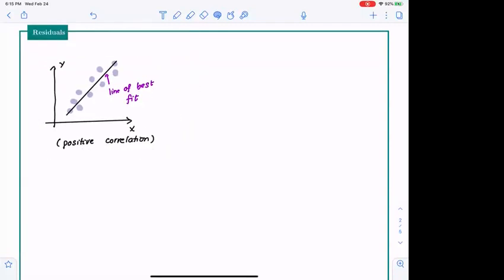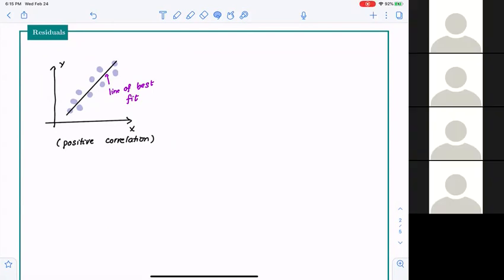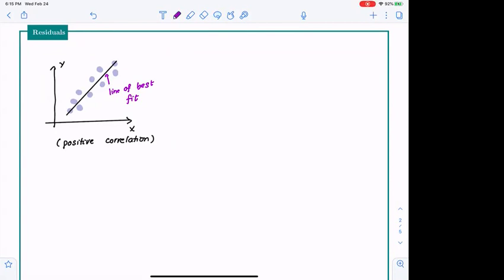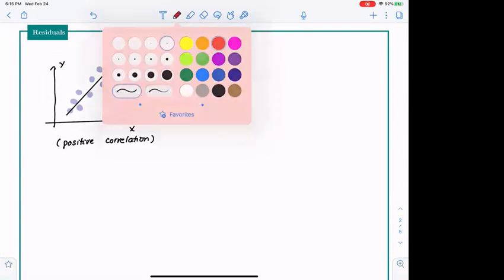So now we have to come up with a way to find a and b. I'm not going to get into the derivation of a and b. It's not needed for this class, but I will show you the underlying process in finding the values of a and b.